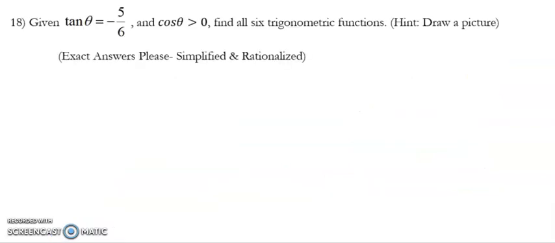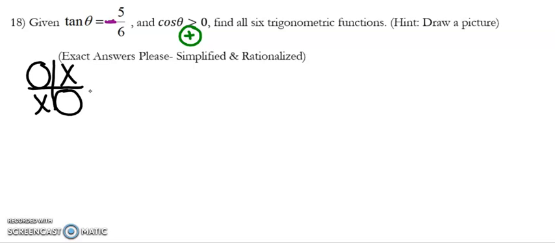Okay, moving on. Given that tangent of theta is negative 5/6, and cosine is greater than 0, so cosine has to be positive, find all 6 trig functions. Okay, well, let's think about this first. Tangent has to be negative, which means I could be in quadrant 2 or 4.